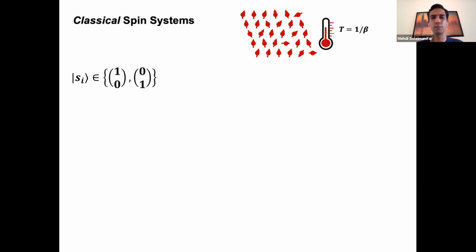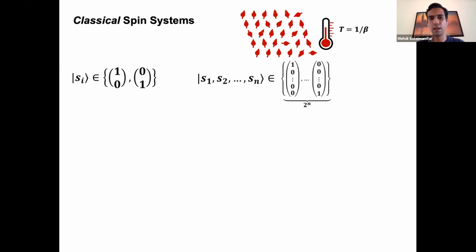So there's a 2-dimensional complex vector space, but I only assign the basis vectors in this vector space to the vertices. And I put a ket notation on the spins here to distinguish it from what I had in the previous system. And then similarly, a general configuration of all these n spins is a vector with 2 to the n entries, just because there are that many possibilities.